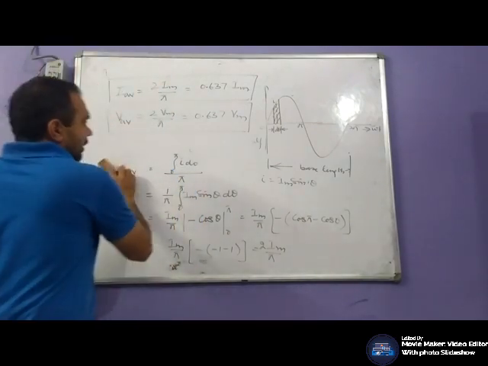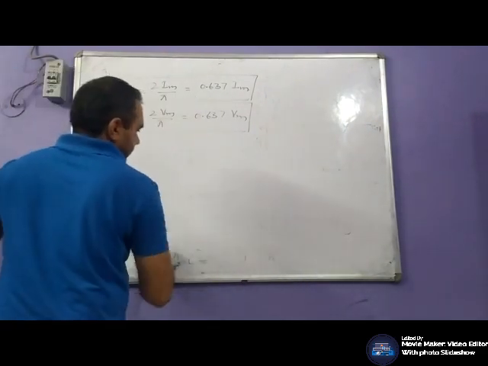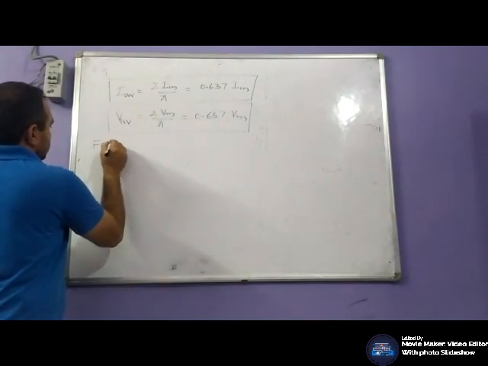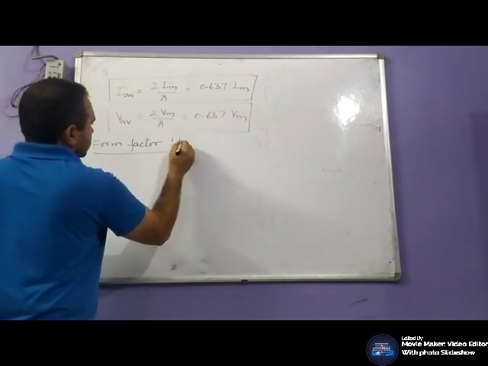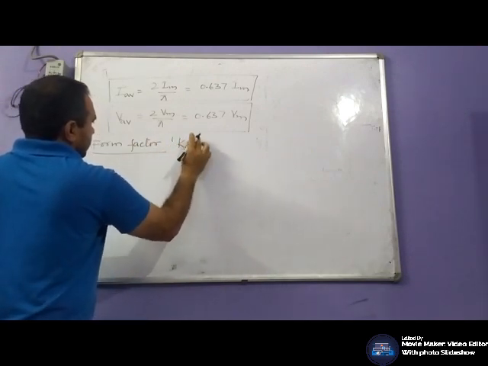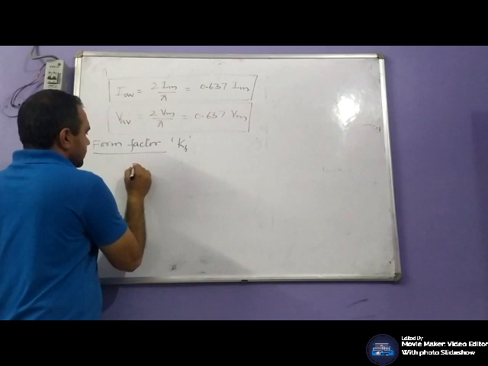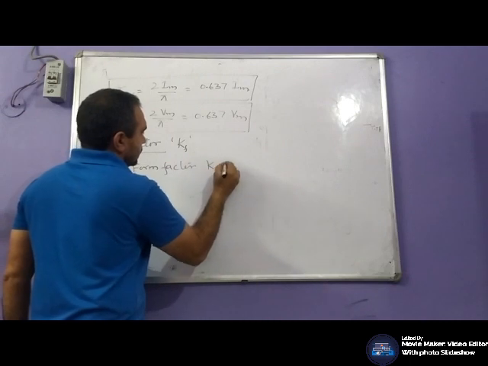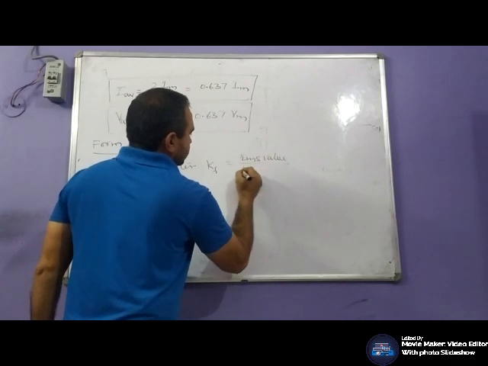We have some more terms. Form factor, denoted by KF, is the ratio of RMS value to average value.